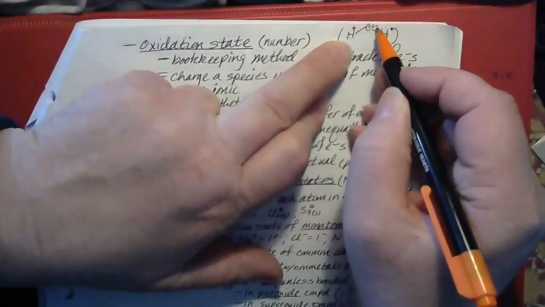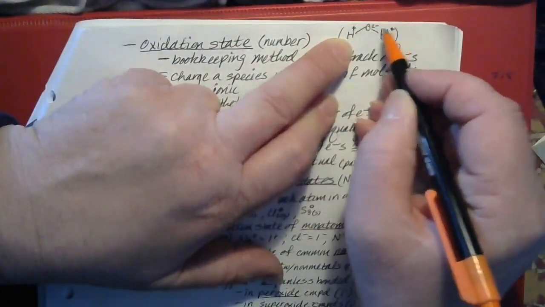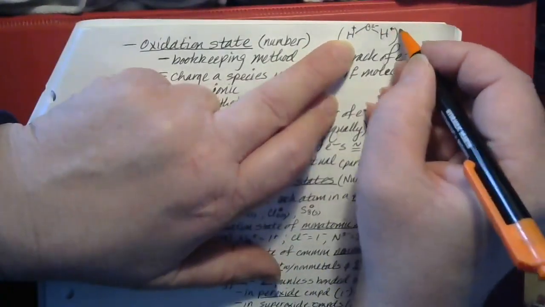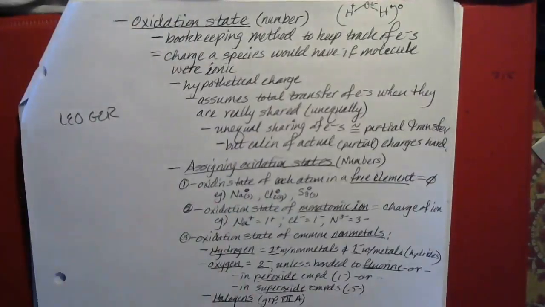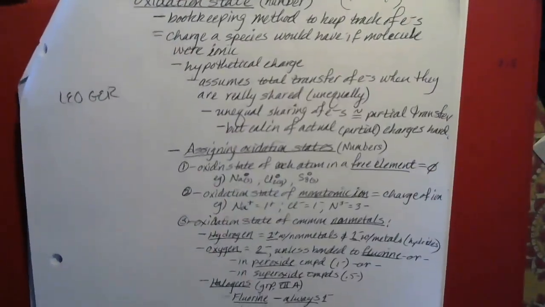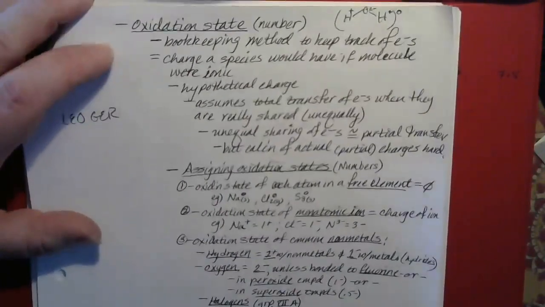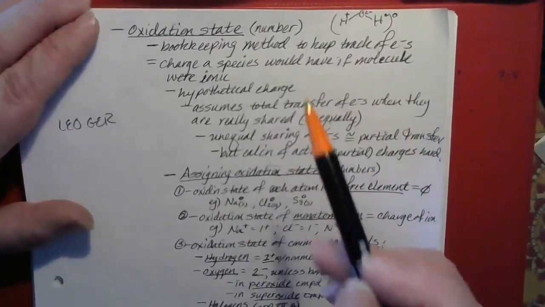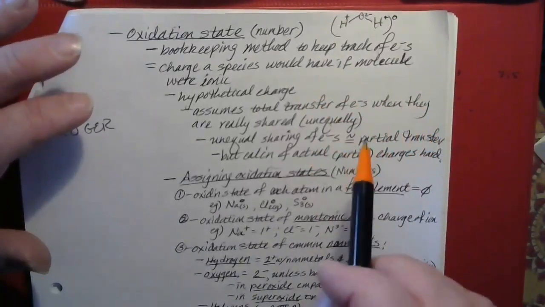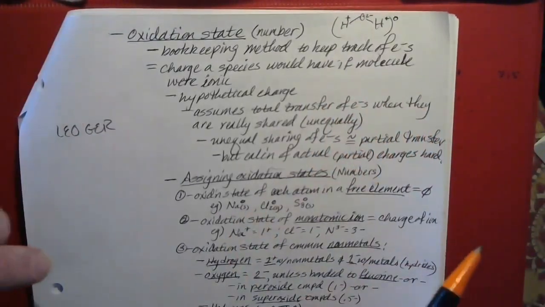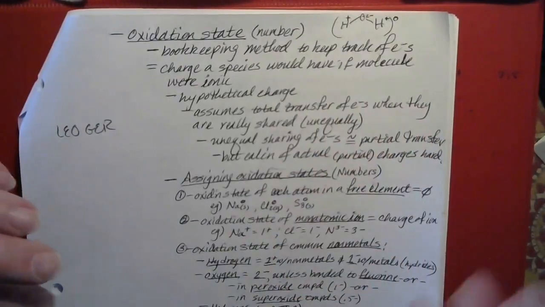And notice that +1 +1 -2 does indeed add up to 0. If you're dealing with a polyatomic ion, like NO3-, the nitrate ion, then the total of the oxidation states of all of the atoms in the formula would have to add up to the charge on the ion, which in the case of the nitrate ion would be -1.